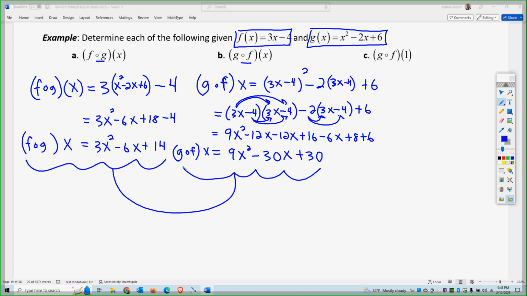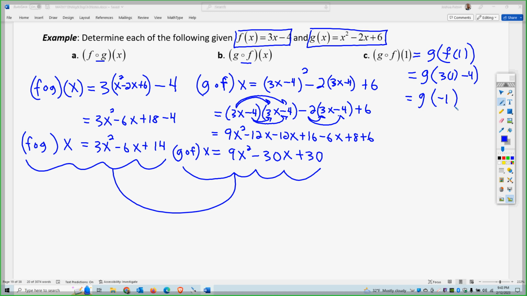Okay, let's do this in two different ways in the last one. So g of f of 1. What this really means is g of f of 1, if you rewrite it in the other format. So we'll do f of 1 first. If I plug in 1 into the f, I get 3 times 1 minus 4, which gives me negative 1.